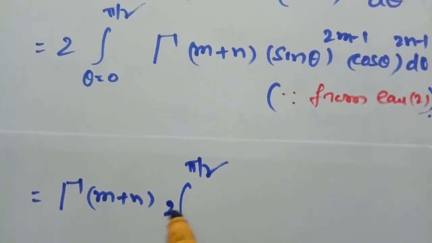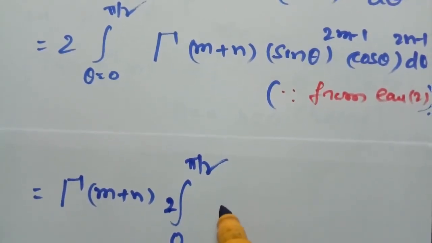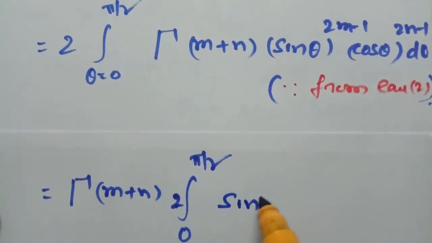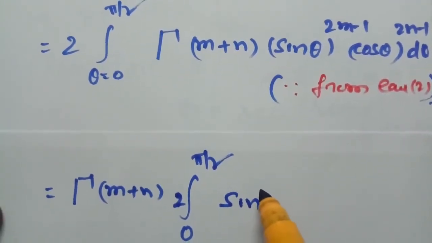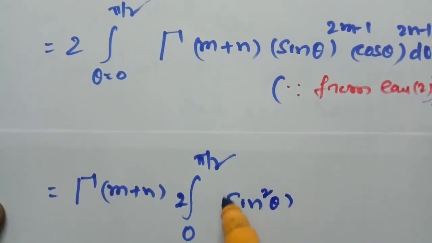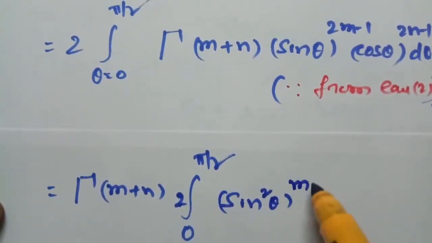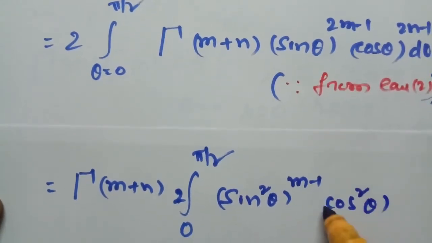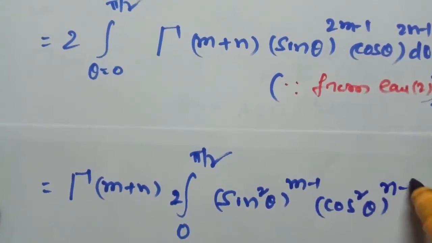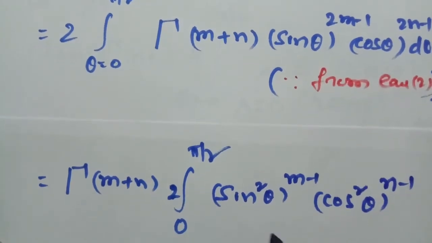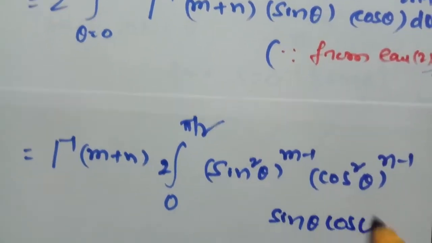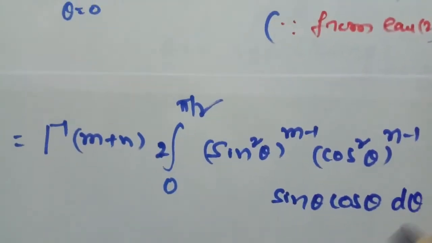This can be written as now (sin square theta) whole to the power of m minus 1 into (cos square theta) whole to the power of n minus 1 into sin theta cos theta d theta.